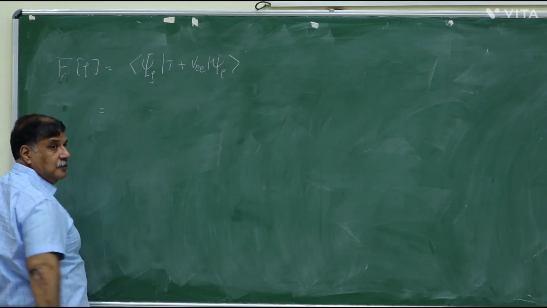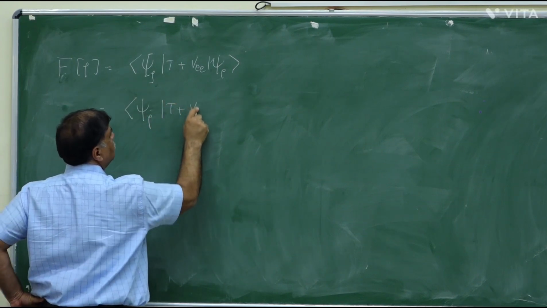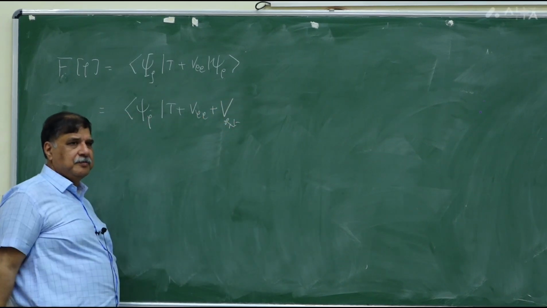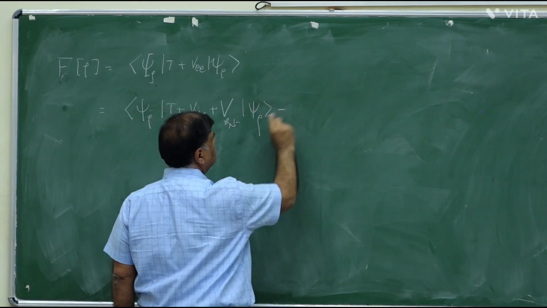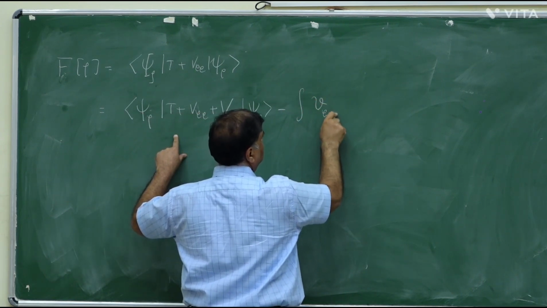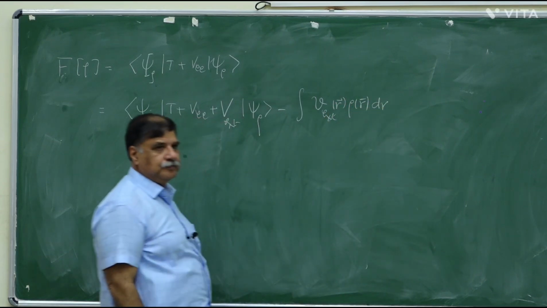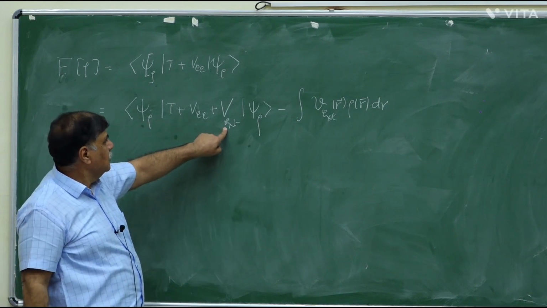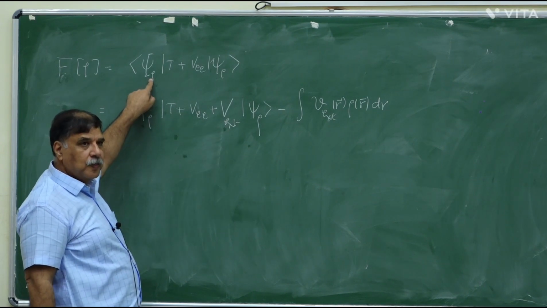I can write this as psi rho, T plus VEE plus some arbitrary potential, psi rho, minus integral. This arbitrary potential corresponds to V external r rho r dr. Agreed?